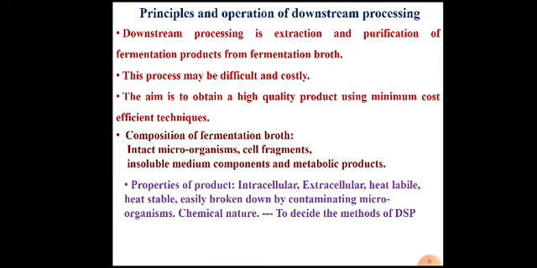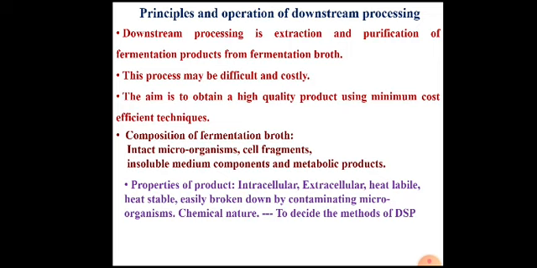So these properties of the product are: the product may be intracellular, it may be extracellular, heat labile, means sensitive to heat, heat stable, it can be easily broken down by contaminating microorganisms, and its chemical nature. All these properties are very important in order to decide the methods of DSP, that is downstream processing.